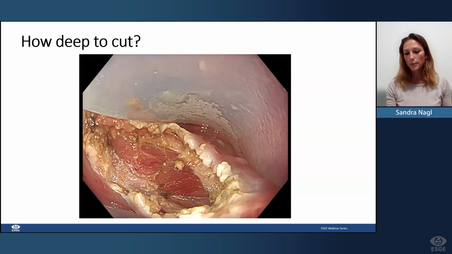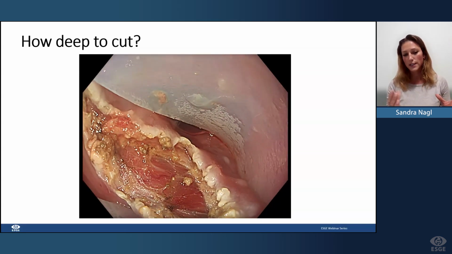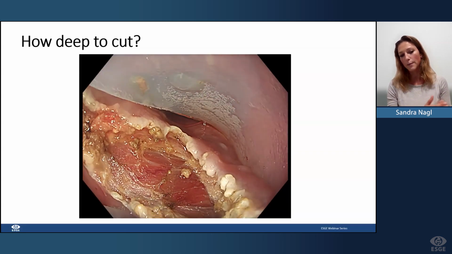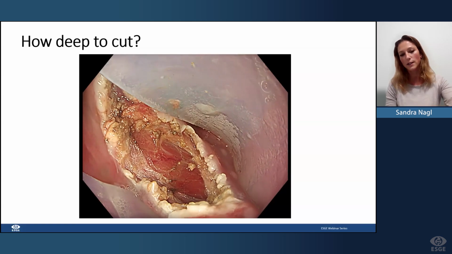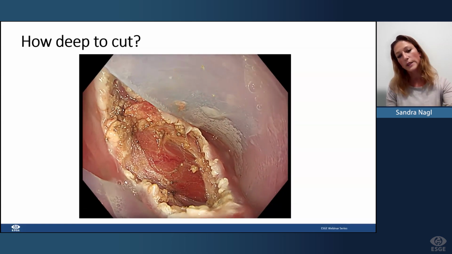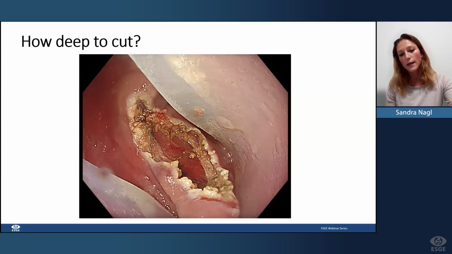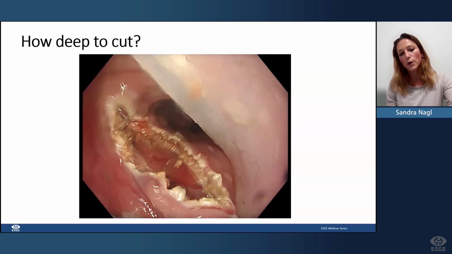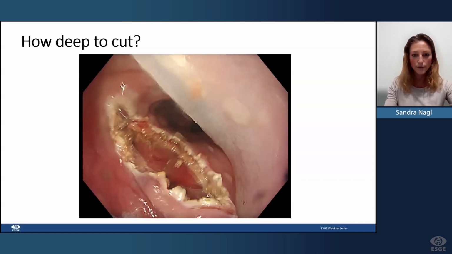When you withdraw the overtube a little bit, you can identify remaining muscle fibers. Here in this example, you see that we really reached the bottom, and there are no remaining muscle fibers left. There's only one part from the esophageal part.